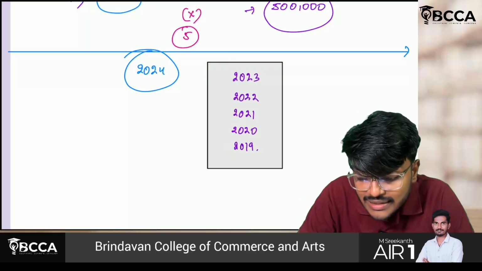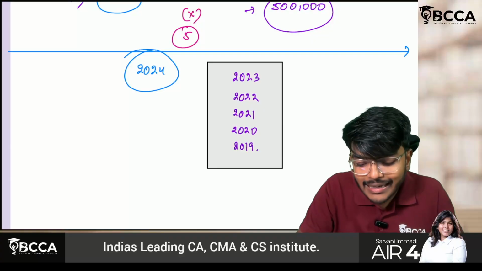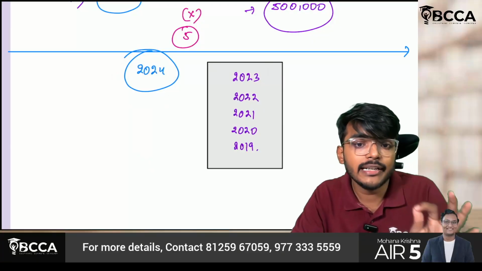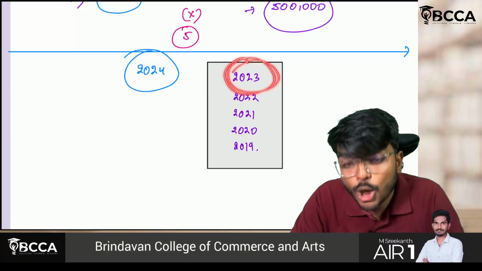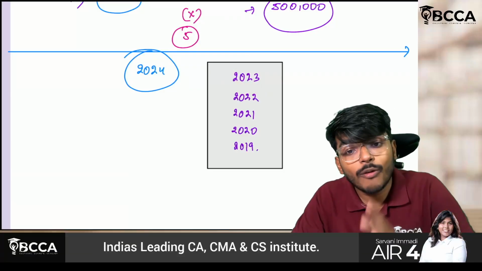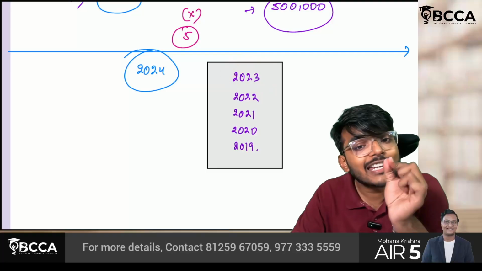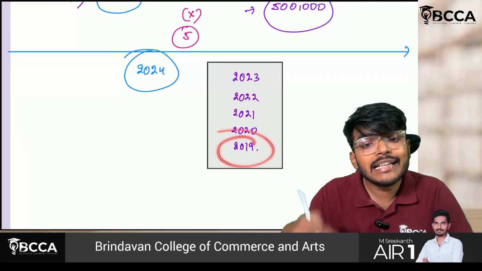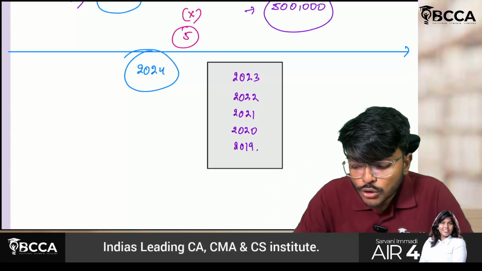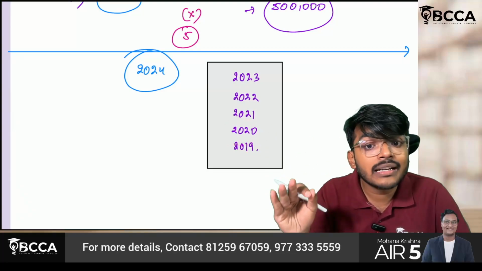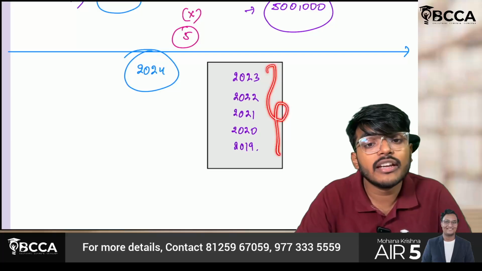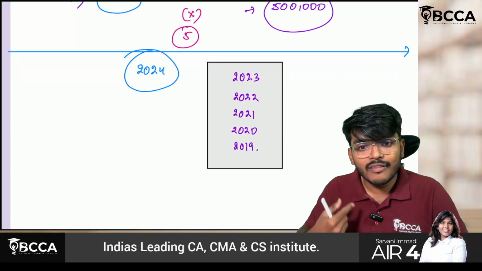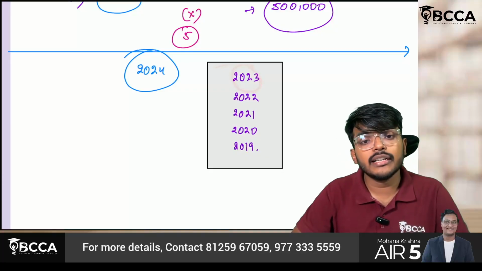Since this is the nearest year for calculation of goodwill, this year's profit will have more weight. Why? Because this is the more accurate representation of our current situation. In 2019 there were different political conditions, in 2020 different economic conditions, but out of these 5 years, the most realistic representation I can have is 2023.